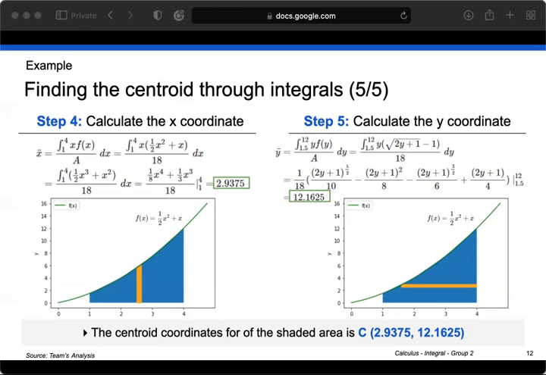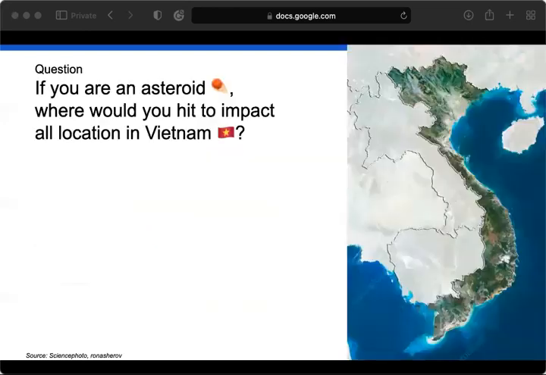Similarly, for the y coordinate, the first area moment integral is now y times f(y) dy. The range of the integral also changes for the variable y, which is now from 1.5 to 12. Once we evaluate it, the result is around 12.1. And there it is. Using integrals, we have identified the centroid of a 2D surface.